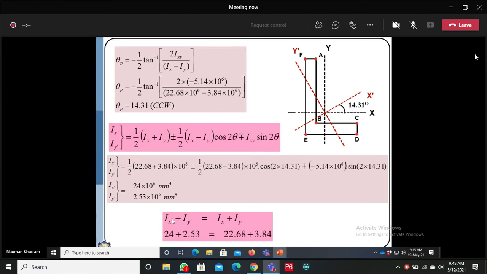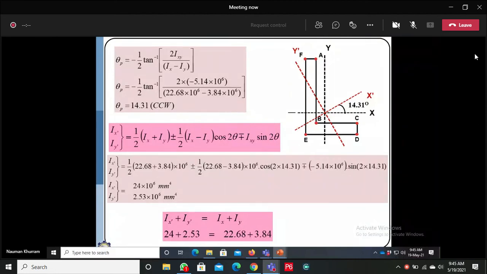About any other reference x-axis, the value will be less than 24, and about any other reference y-axis, the moment of inertia value will always be more than 2.53, but their summation will be the same. So Ix will have its maximum value about the principal axis, and similarly Iy may have its minimum value about the principal axis.